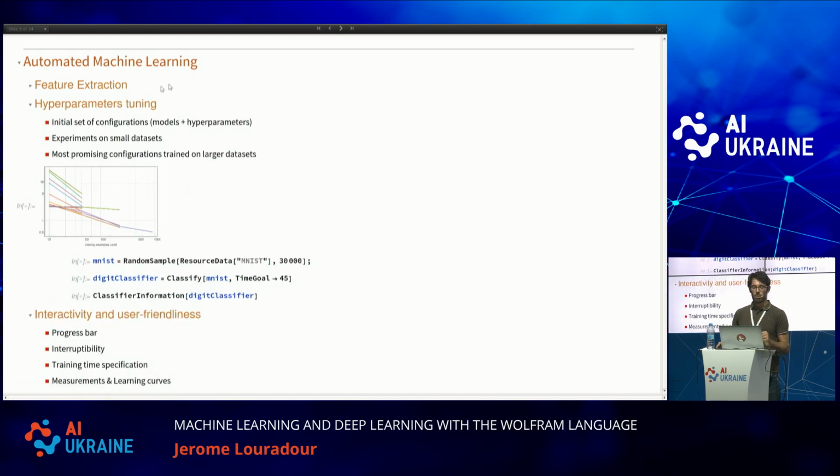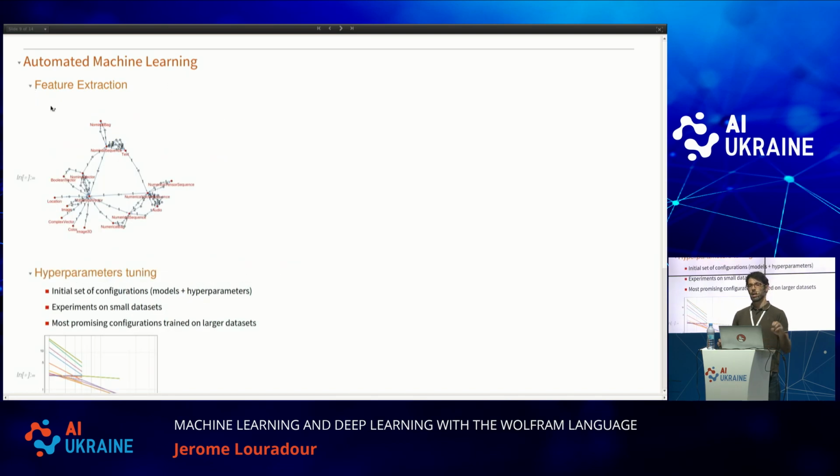One of the challenges is feature extraction: mapping any kind of object, images, text, audio, and in Wolfram Language we have other kinds of objects like colors or 3D images, into some numerical vector or sequence before doing anything else. This graph represents what is done internally: there is a chain, automatically found, to map any object to a numerical vector.